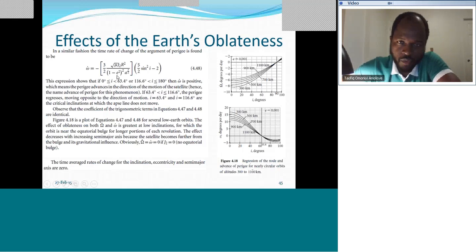In a similar fashion to what we saw with the time rate of change of the right ascension, we can also look at the time rate of change of the argument of the perigee. That is given by equation 4.48 here.